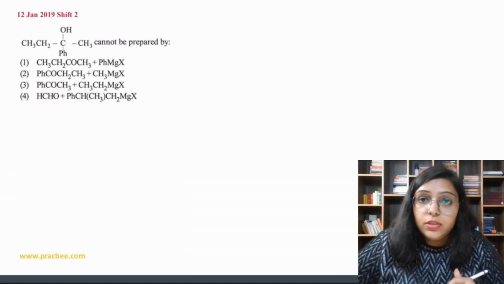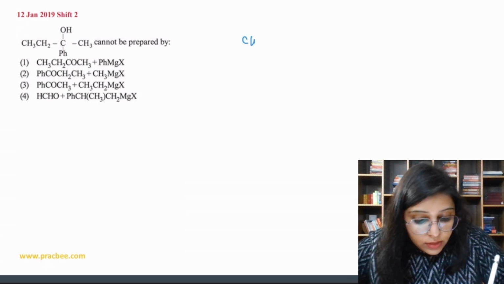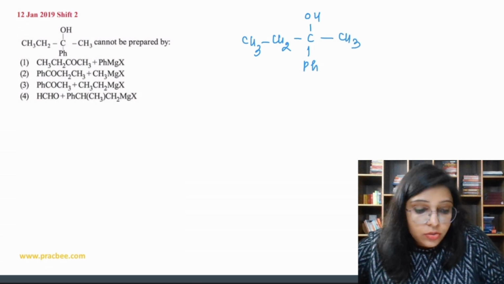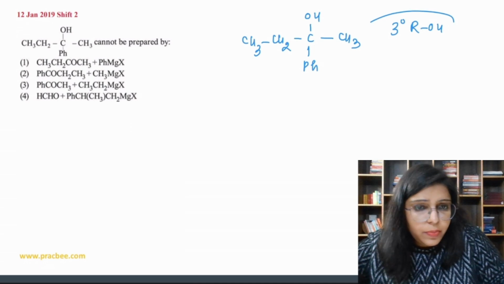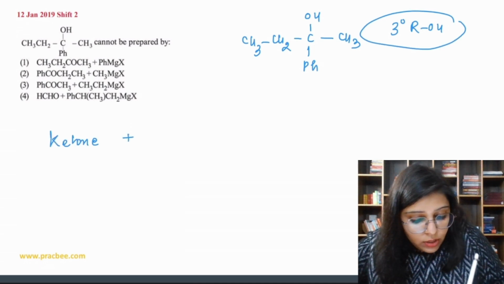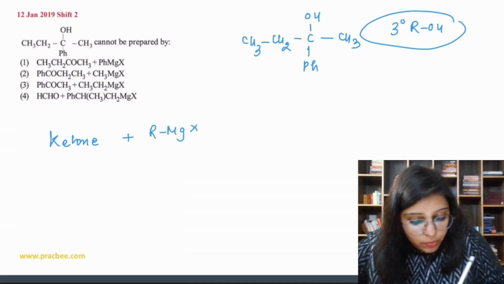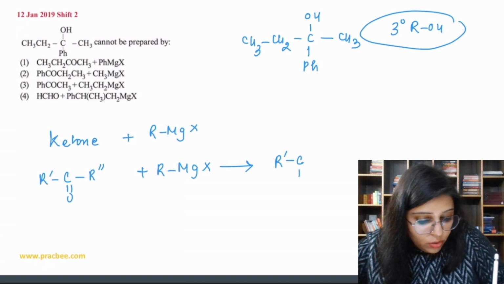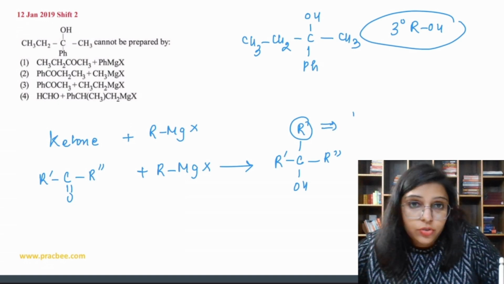Now next question: CH3CH2C(OH)(Ph)CH3 cannot be prepared by. So this is a 3 degree alcohol now. We can prepare a 3 degree alcohol from a ketone and a Grignard reagent. Suppose we have a ketone R' C double bond O R''. When we react it with RMgX, we get R' C(OH) R'' and R from the Grignard reagent.